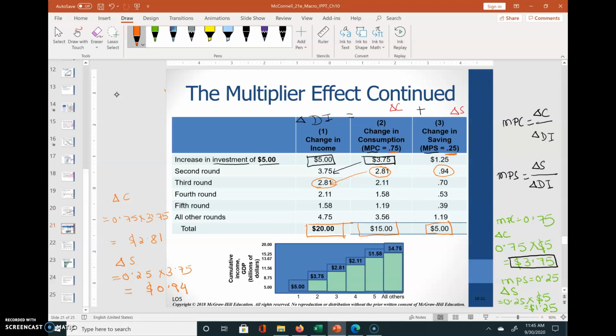Now this looks like a lot of calculation here. Definitely I'm going to use some easy formula to compute the multiplier and to find out the final change.